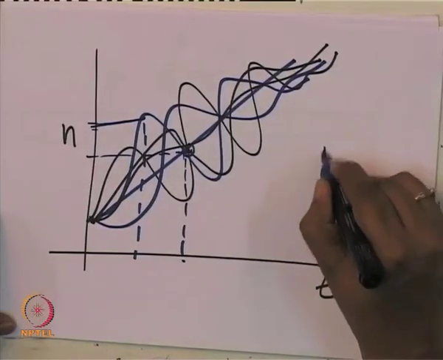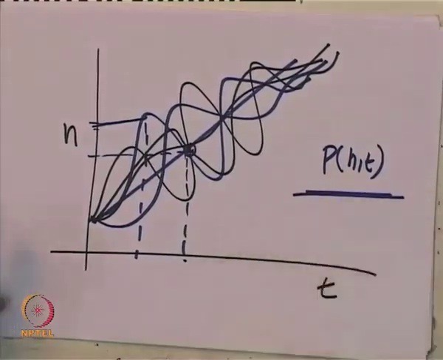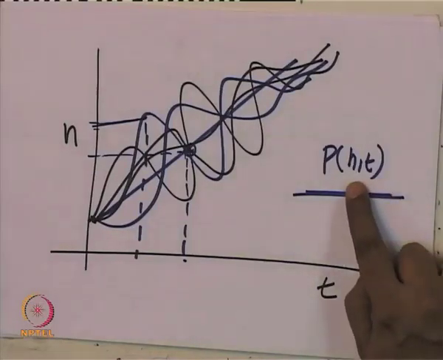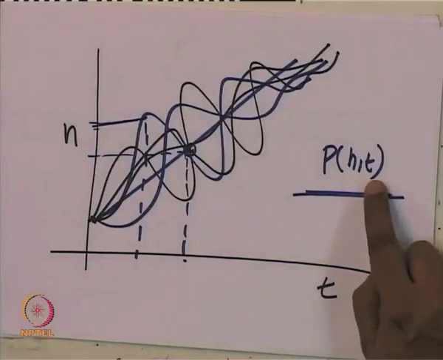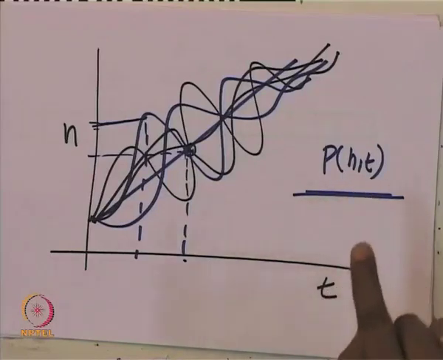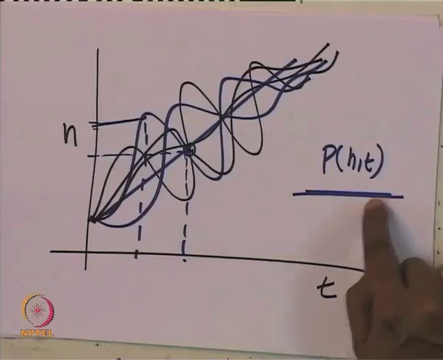From that you can calculate the probability P(n,t), which is the probability to have n monomers at a time t in the case of a polymer, or in the case of a molecular motor, the probability that the motor has moved a distance of n subunits at time t.